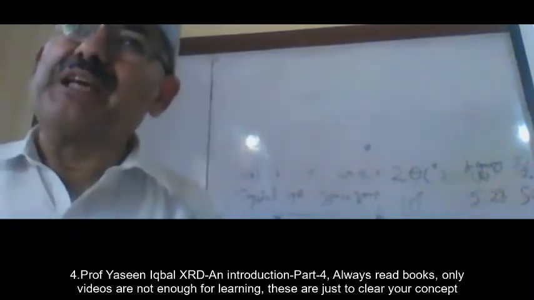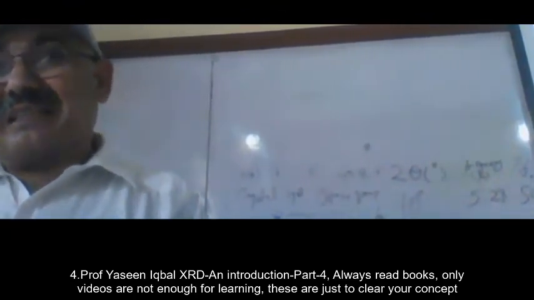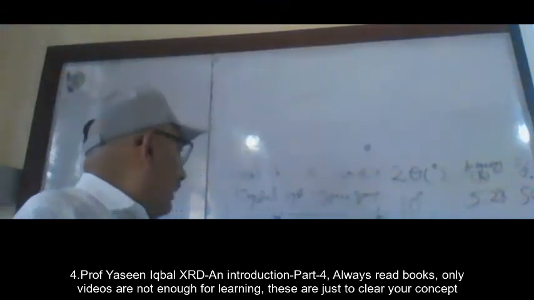And I told you that we reciprocate things so that the smaller appears larger. That is the technique. So the d value is the difference between these two peaks.